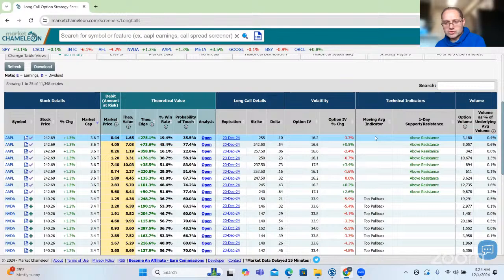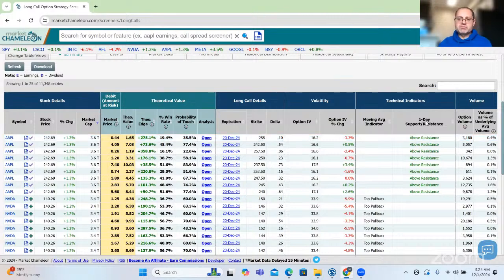Then we look at it just on the day. What does the stock look like it's doing on a day? And here it measures it based on its daily support and resistance level based on its volatility. So if it's trading above its volatility band, we'll say it's above its resistance. If it's below its volatility band, it's below its support. If it's within its volatility band on the trading day, it will stay blank, right?